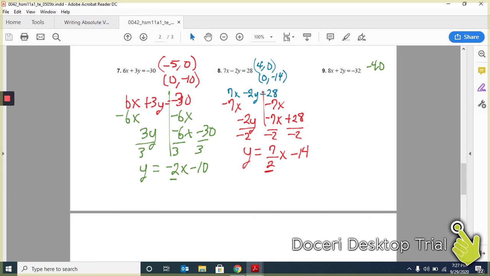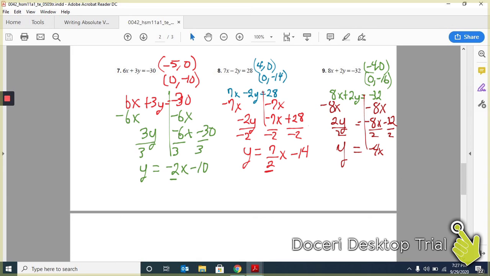There's your x-intercept. There's your y-intercept. There's your slope.